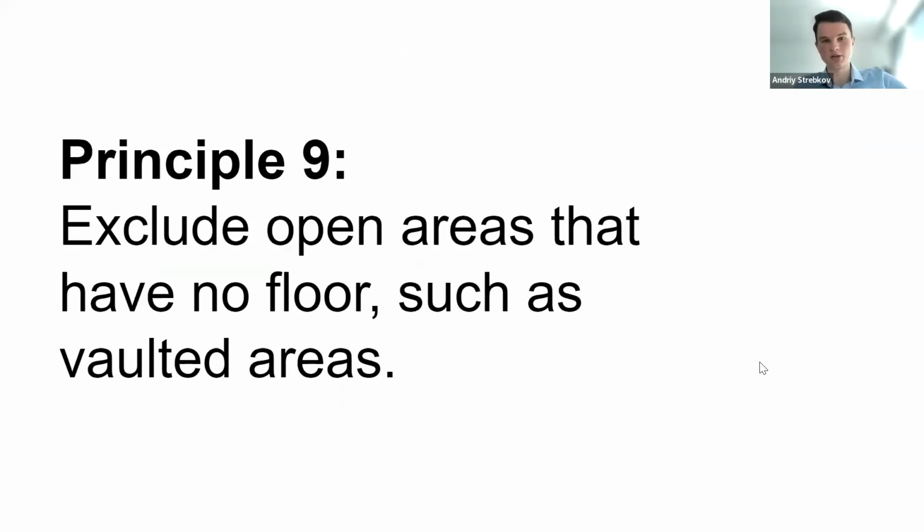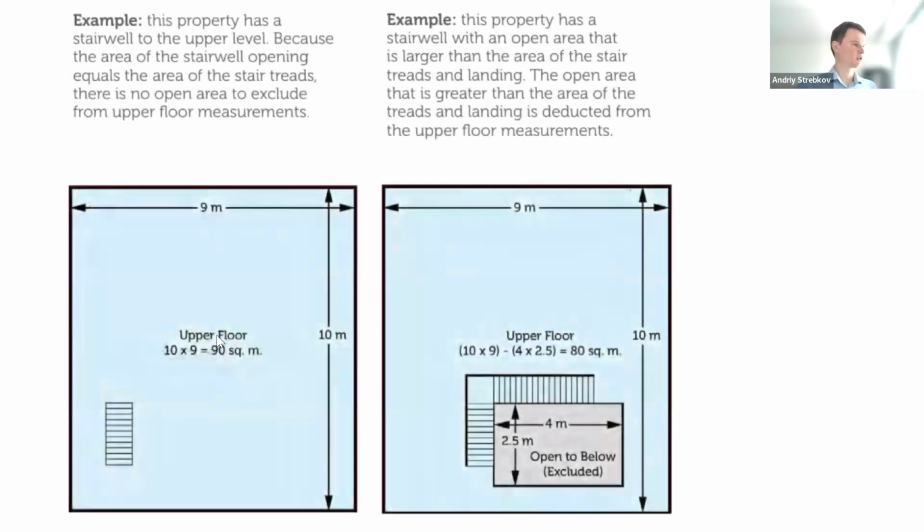And the last principle, but not least, very important, it is telling us to exclude open areas that have no floor, such as vaulted areas or open to below areas. So here is an example of it. We see here 2 examples of a floor plan. On the left-hand side, we see just a room, and we can see that there are stairs, but these stairs are included in total square footage because the area of the stairwell opening equals the area of the stair treads.